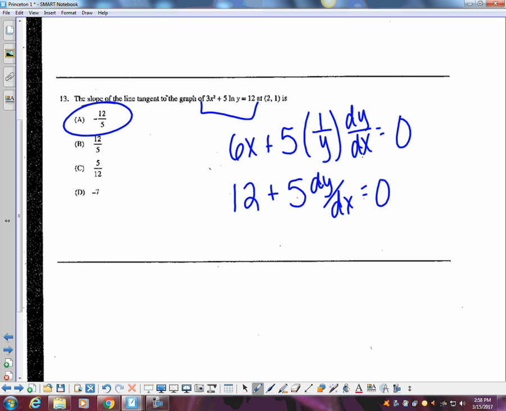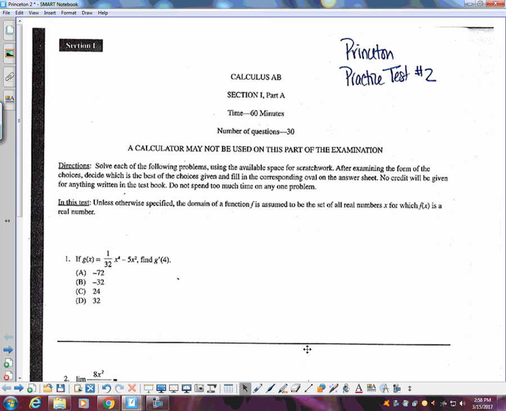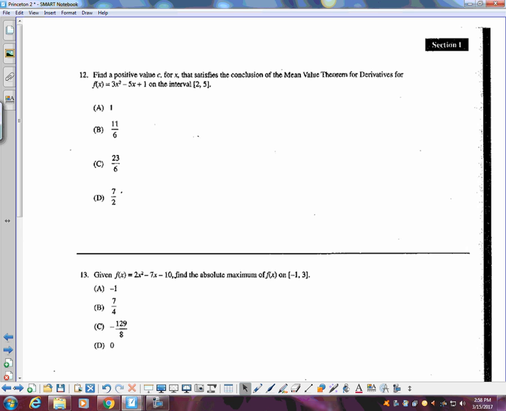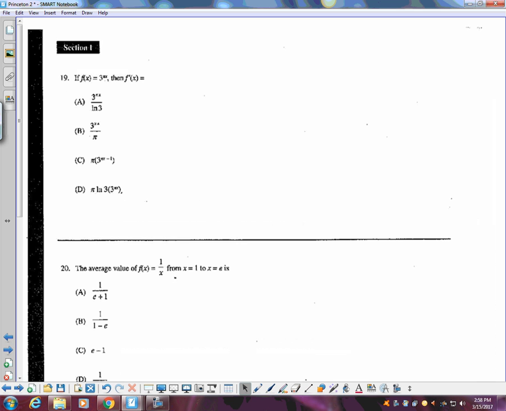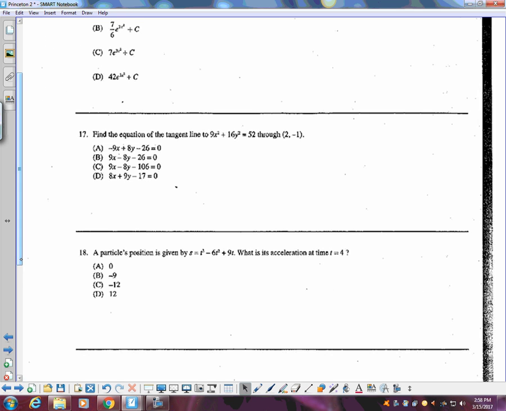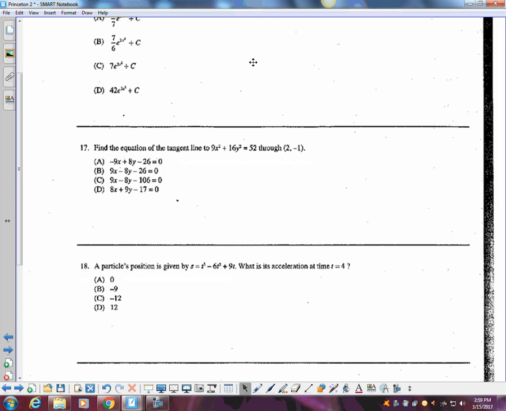Princeton 2, so you're yellow. 17. Okay, now this one is not just wanting the slope of the tangent line, it wants the equation of the tangent line.